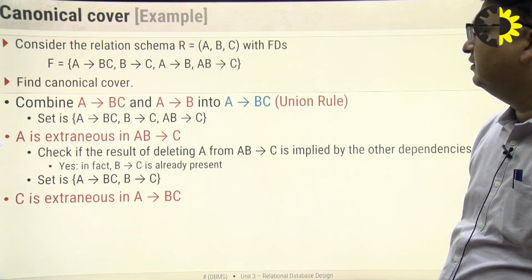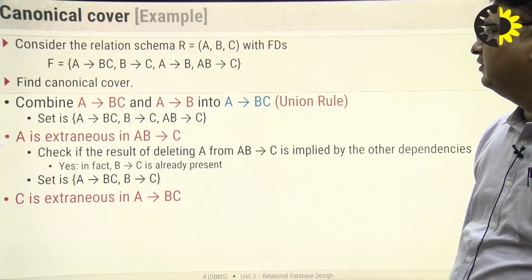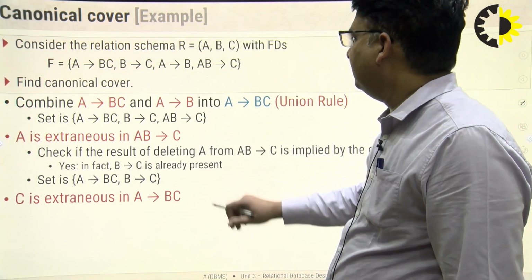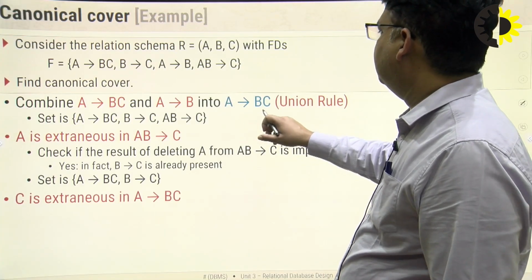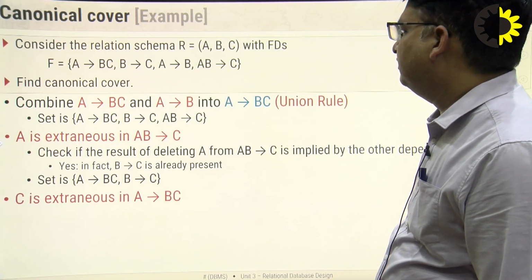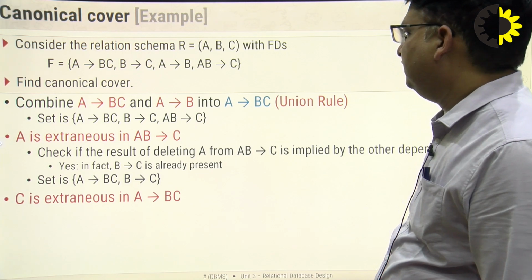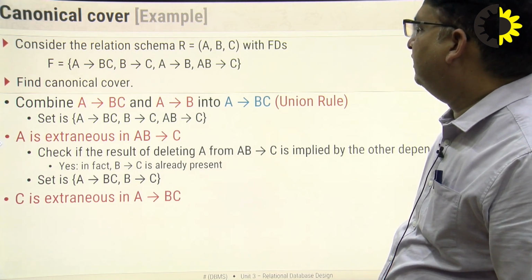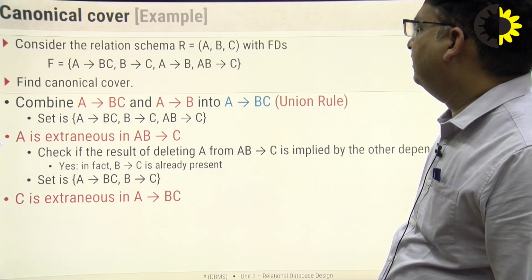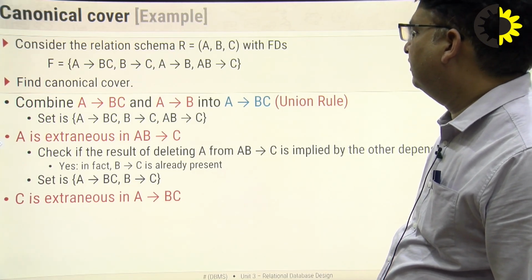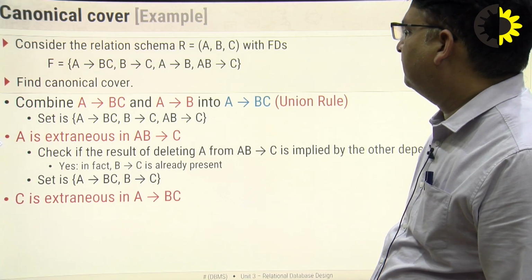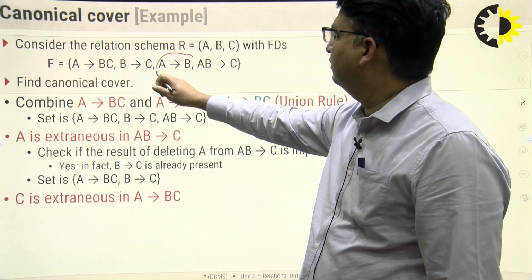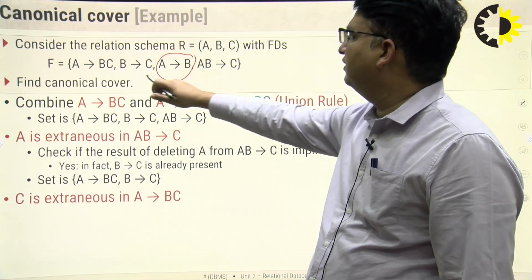First, A determine BC and A determine B, then this means A determine BC using the union rule. So we can get rid of one FD itself, right? This FD is of no use. This is already covered here.